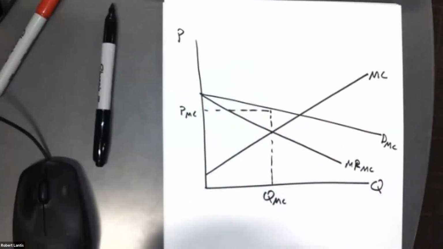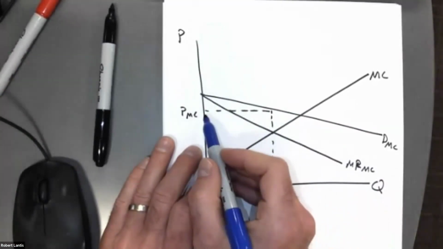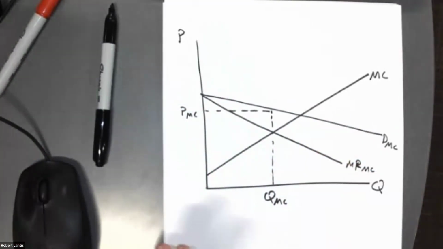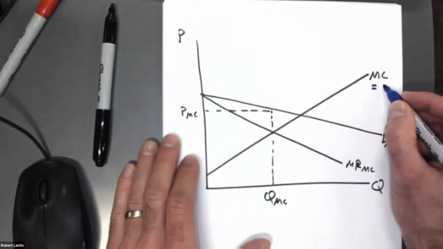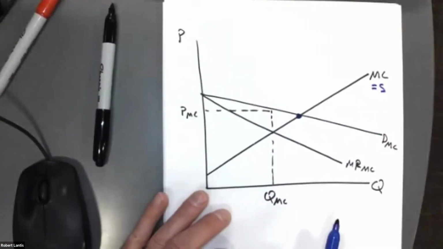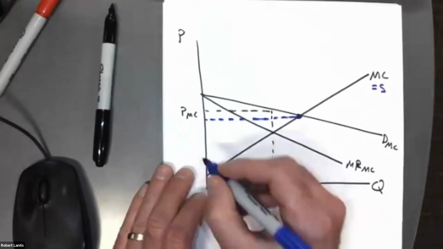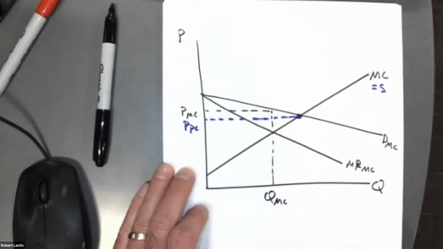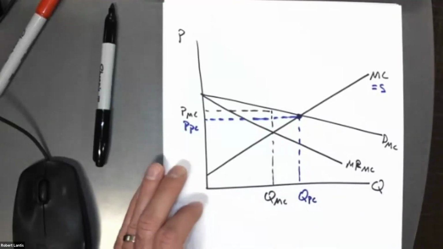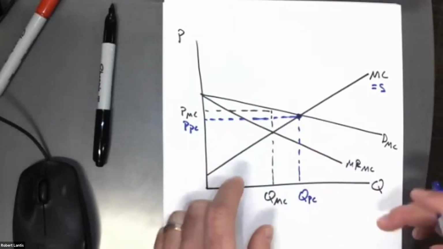So what if instead we thought about, let's say this was the demand. If this was a perfectly competitive market, marginal cost should represent the supply curve. So where would the supply curve hit our demand curve? That's where we said the market equilibrium would be for a perfectly competitive market. So if this firm was acting as though this was a perfectly competitive market, they're not going to make decisions based off a twice as steep marginal revenue curve.